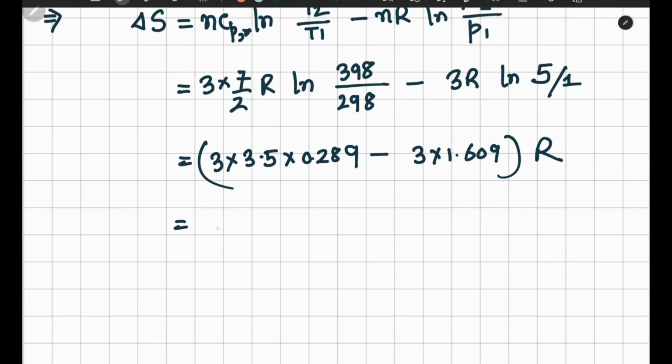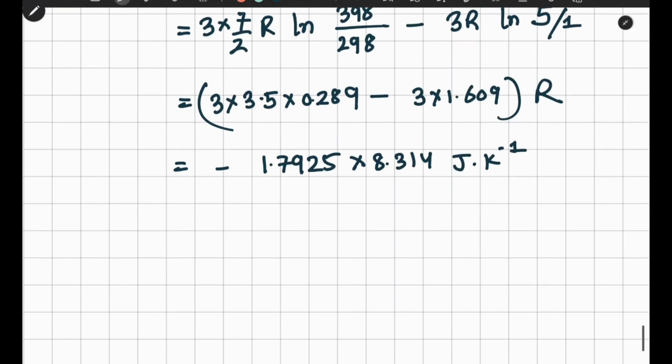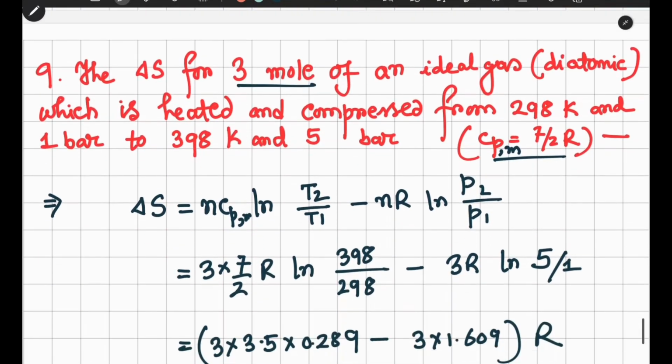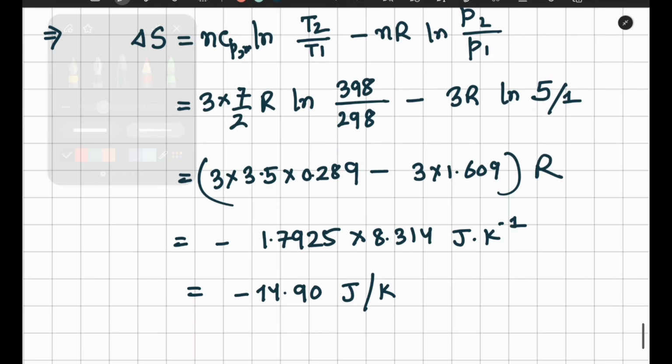Okay, so eventually it becomes minus 1.7925 R. So in joule it is times 8.314 joule per Kelvin, so it is 14.90 joule per Kelvin. Okay, so it's just a straightforward question, but this type of question is frequently asked.